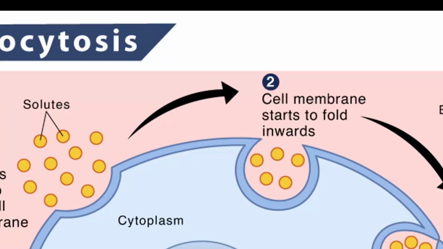So this is a brief stepwise overview of pinocytosis. There are solutes present in the extracellular fluid. Solutes bind to the cell membrane. The cell membrane starts to fold inwards in the extracellular fluid and continues to fold. Both ends of the fold meet, producing a pinosome.